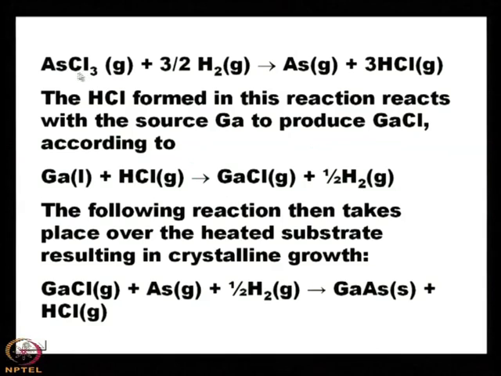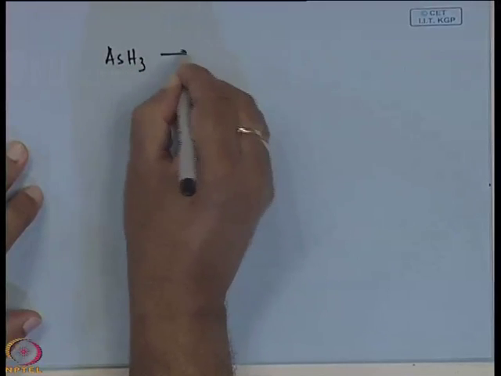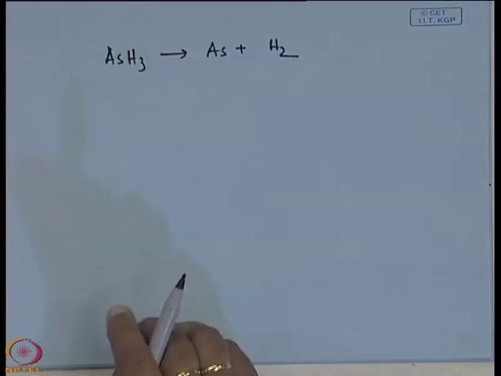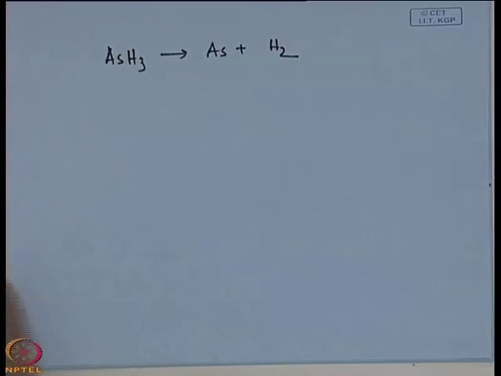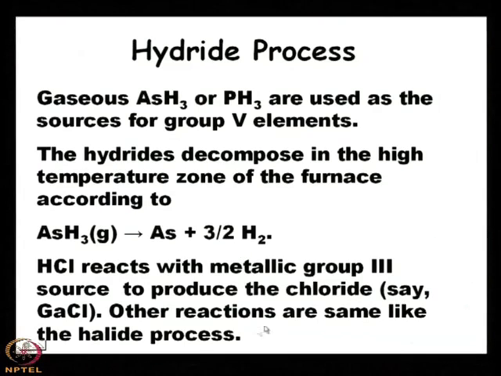In halide it is AsCl3, but in hydride this arsenic comes from the decomposition of AsH3, it decomposes into As plus hydrogen. The rest of the reactions are the same.